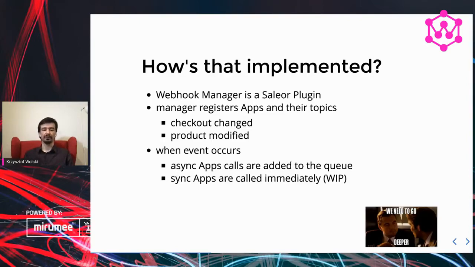Those events could be, for example, that checkout changed, products are modified, there are new accounts, stuff like that. When those events occur, there are two ways. First, which is already implemented, we asynchronously call apps and inform them about the changes. And Maciek is working right now on a new interface which will allow you to create synchronous apps, for example, payment gateways.